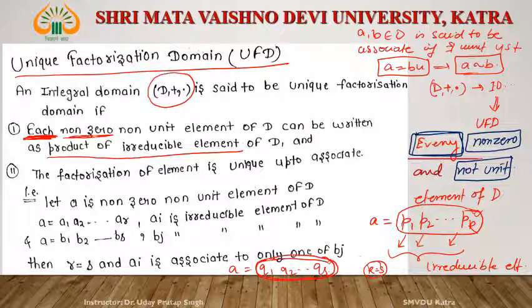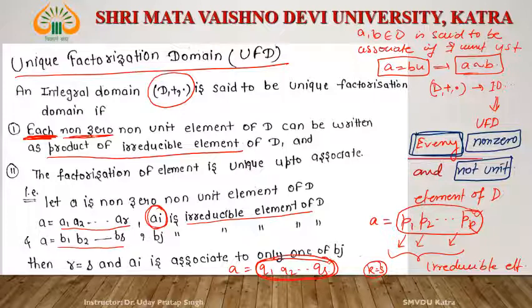Now if a is equal to a1 a2 up to ar, or you can call it p1 p2 up to pk, then each ai is irreducible. Whatever notation you use, just understand the concept of UFD: a can be factorized into a number of elements, and all of them are irreducible.